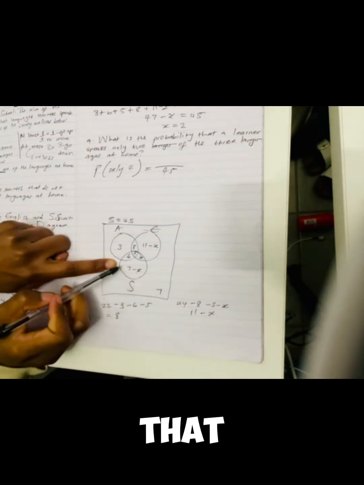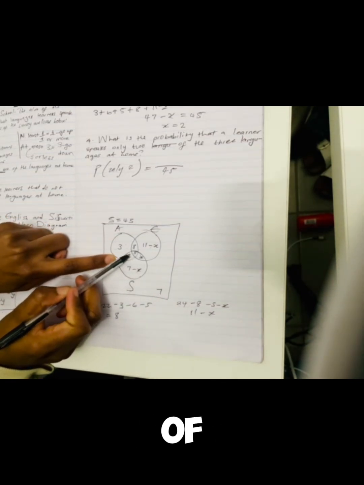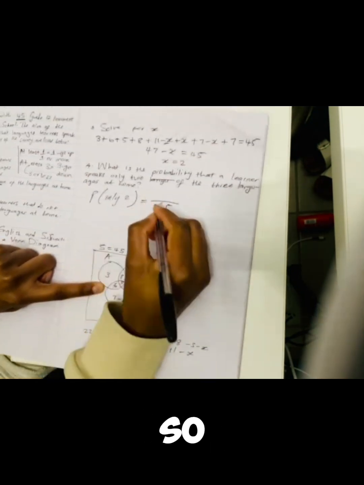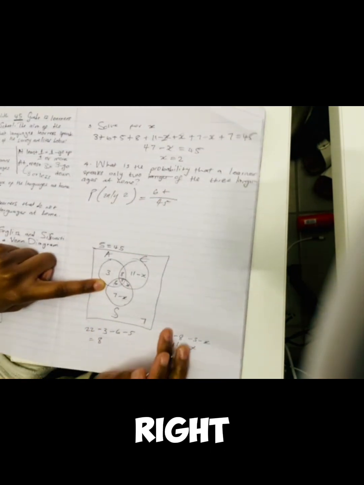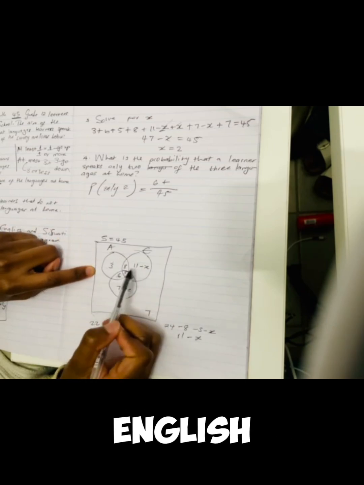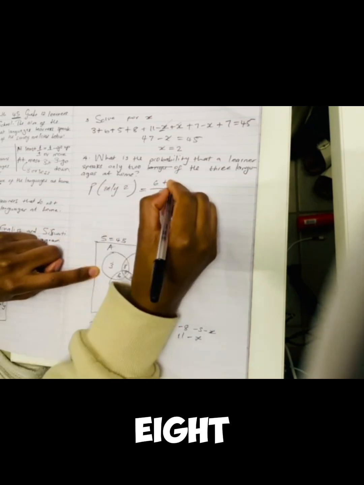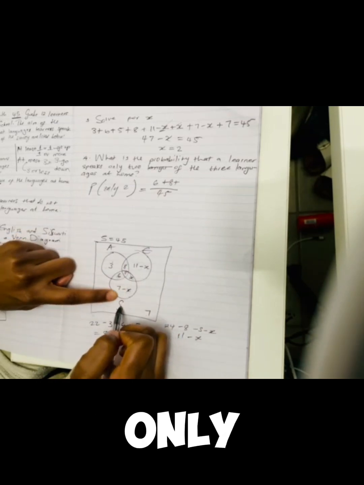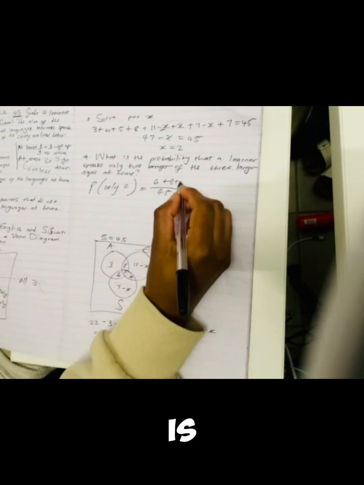So this one here, 6 of them, they speak Afrikaans and Siswati only. So we can say 6 plus, right? And then we come here. The ones speaking Afrikaans and English only, it's 8. And then we add the ones that speak English and Siswati only, it's x, which is 2.